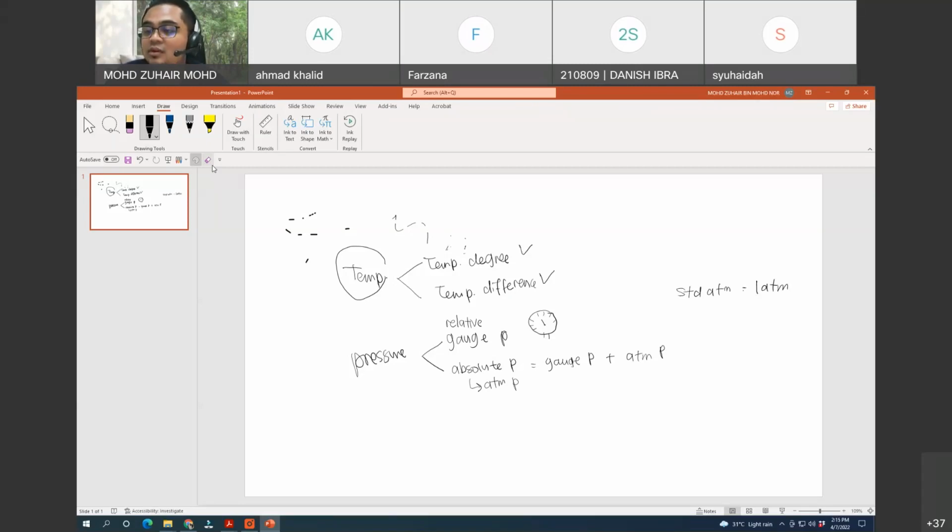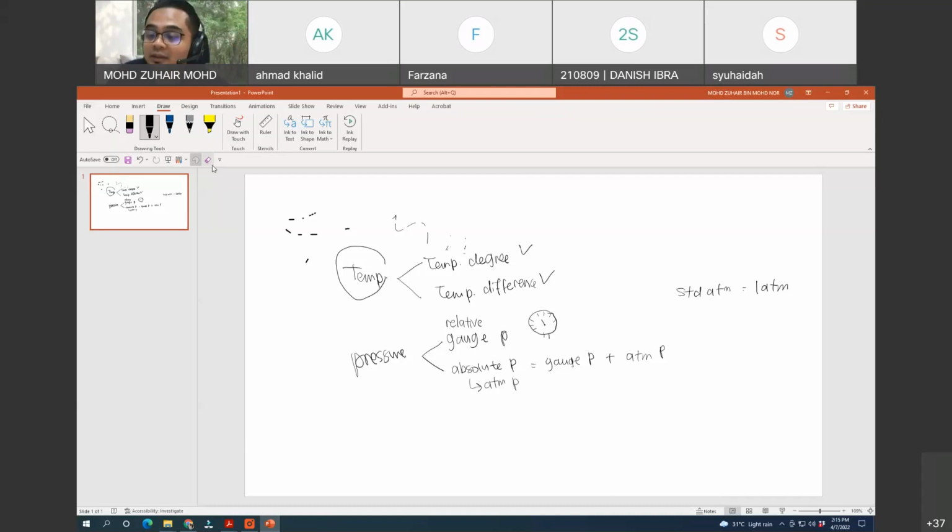However, this is not meant for all atmospheric pressure, because atmospheric pressure can change according to different conditions such as longitude, altitude, and so on. Like us in this area, the atmospheric pressure is maybe higher compared to those living in the Cameron Highlands area, because it's higher in altitude.